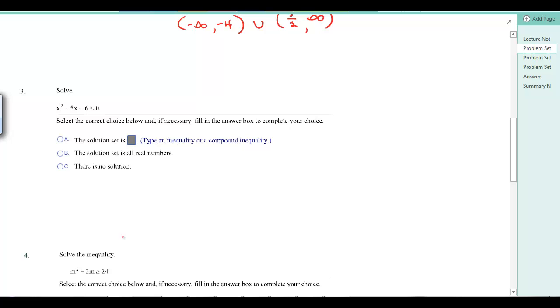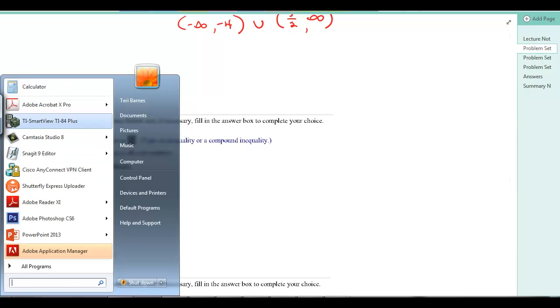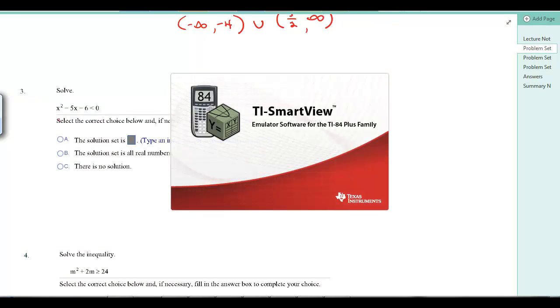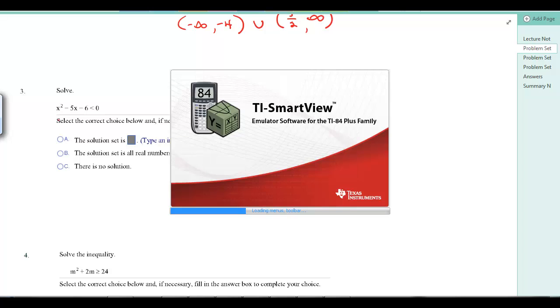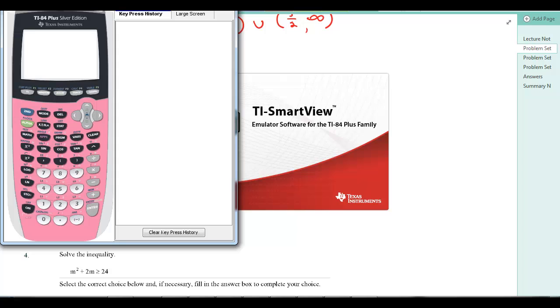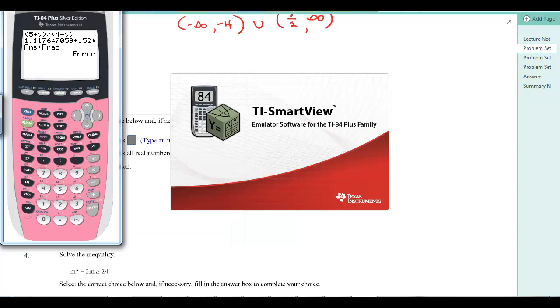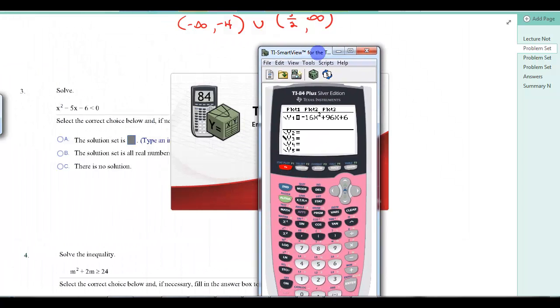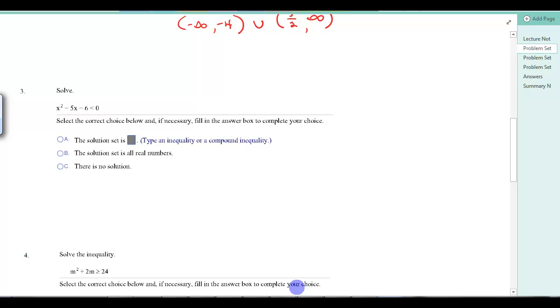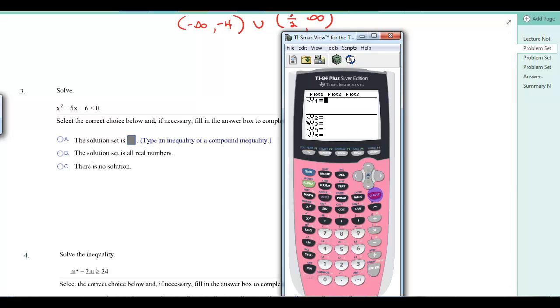Number 3. Now we don't have a graph. And we're going to do this one by putting it in our calculator. So let me grab the calculator. Okay, let's clear anything that's up there.